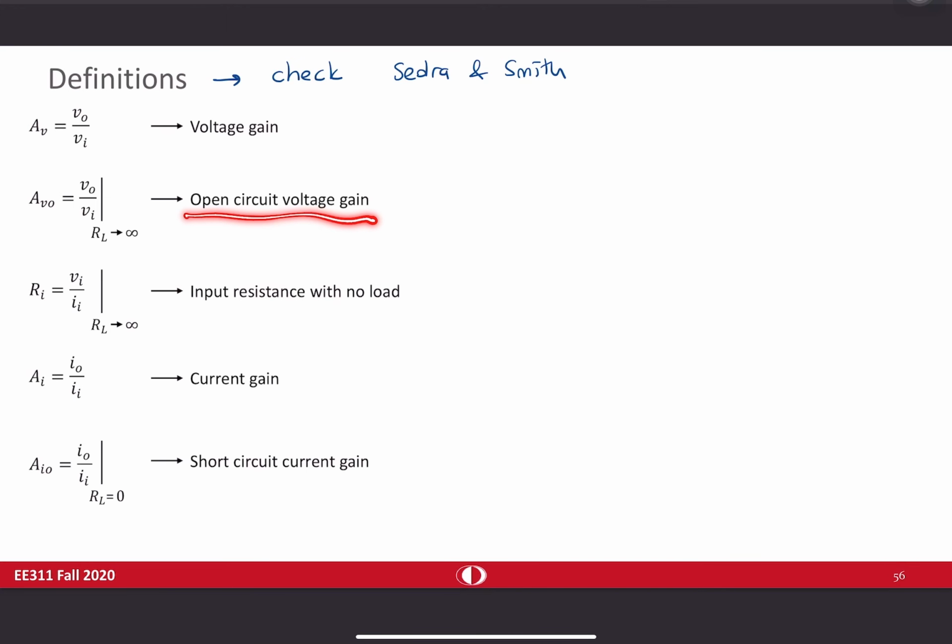In other words, you make RL infinite. So they name it as AV0, gain when RL goes to infinity. Similarly, the input resistance can be defined like that. Rin is Vi divided by Ii when RL goes to infinity. Current gain, short circuit current gain. So please be aware of these definitions and check them from Sedra and Smith so that you are familiar with it.